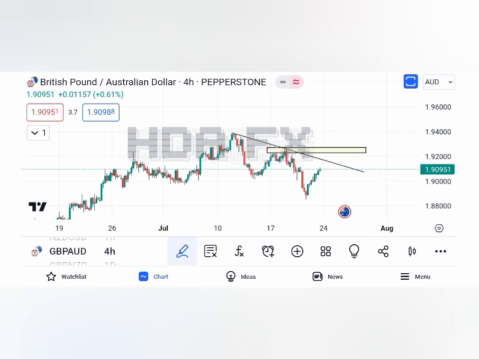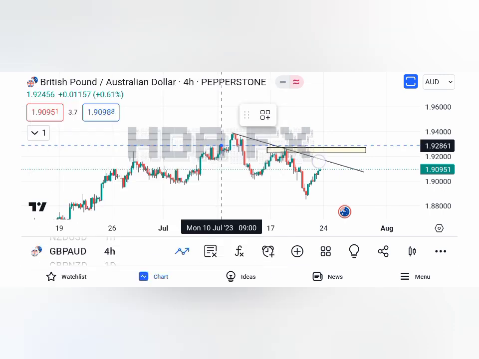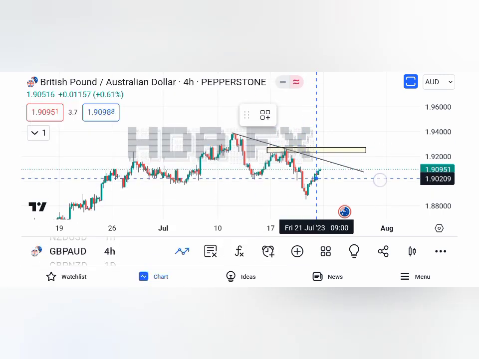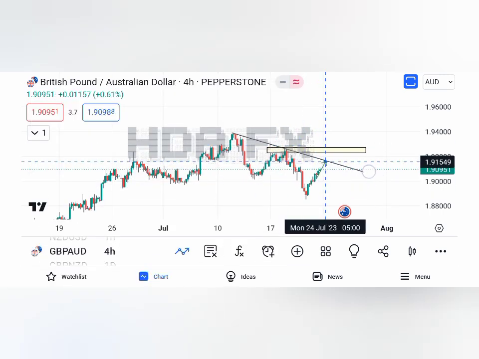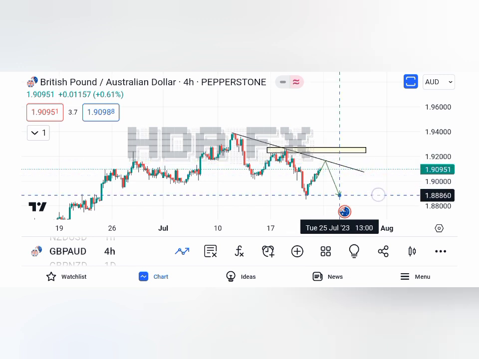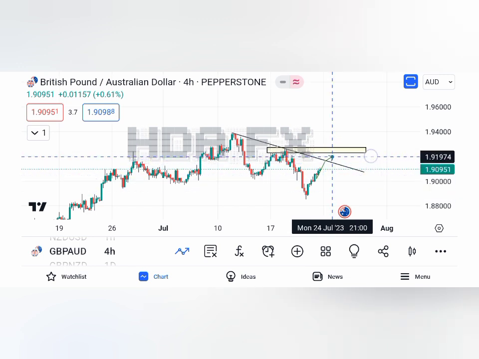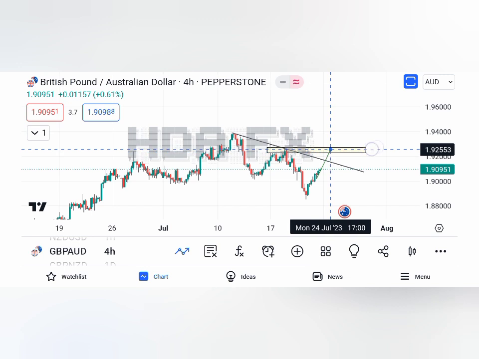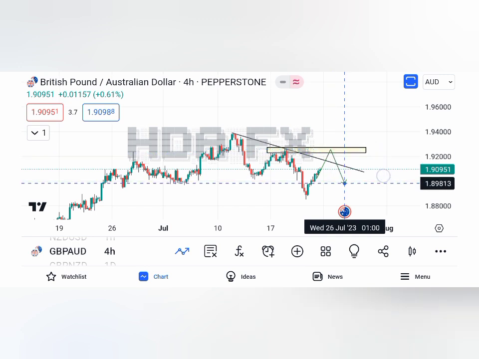So now what I want to see on GBP AUD is this. I want to see price move upward to this trend line here and drop, or it's likely that price can go upward to this zone here, then drop. So two things can happen.